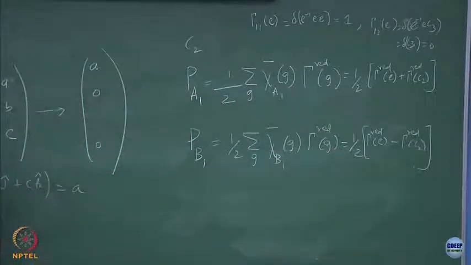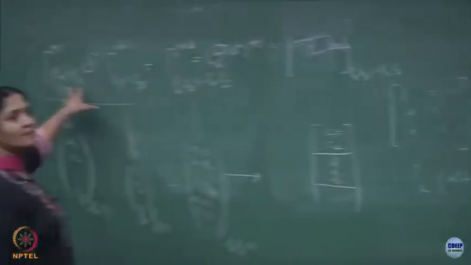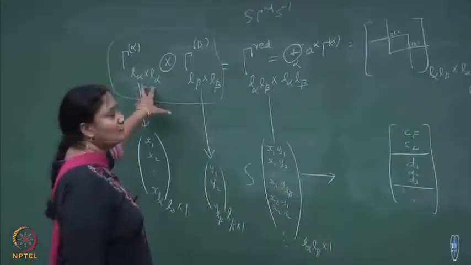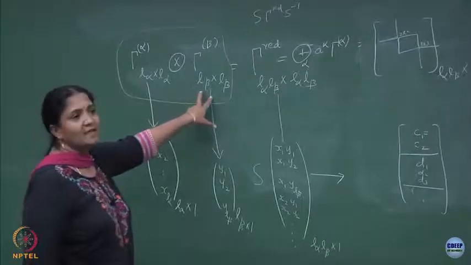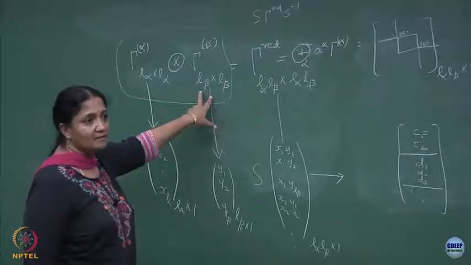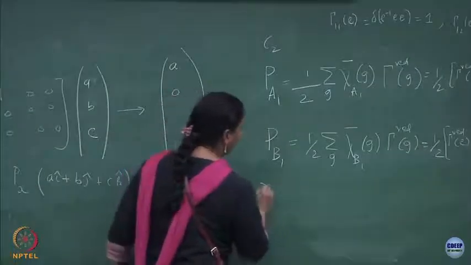So, these are the two projection operators which I could write for a reducible representation, and how have I constructed the reducible representation? I have taken some L alpha cross L alpha matrix multiplied with L beta cross L beta matrix. So, let us take a simple exercise. Let us take B1 cross B1.